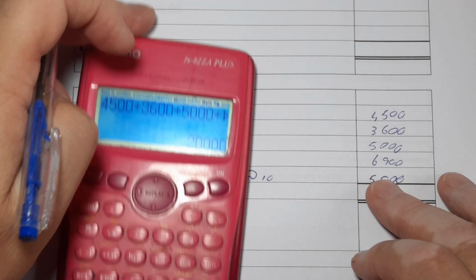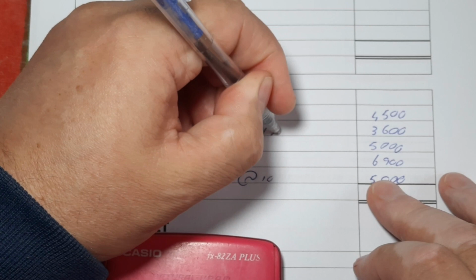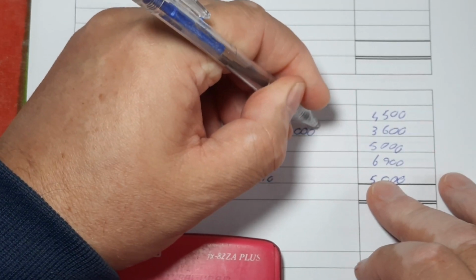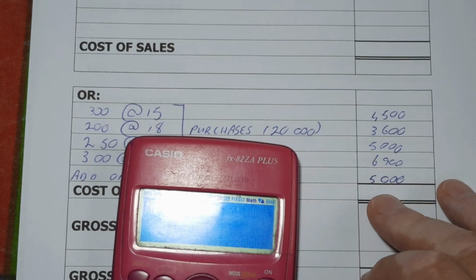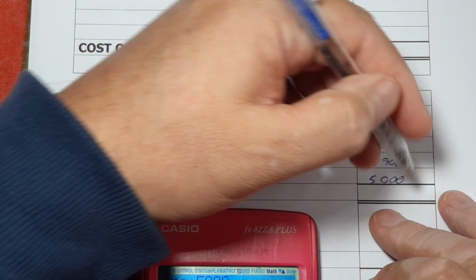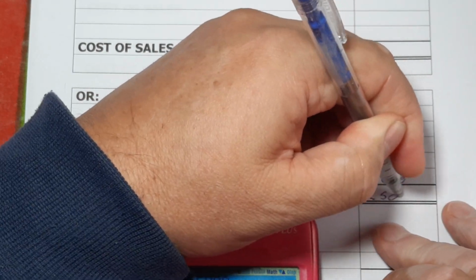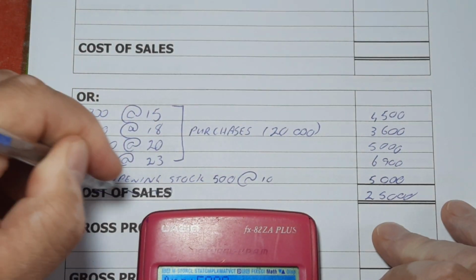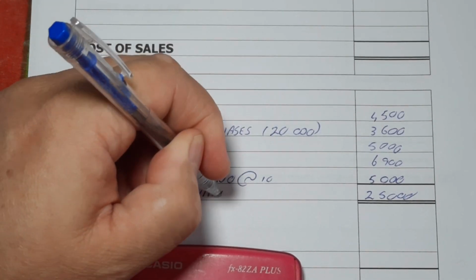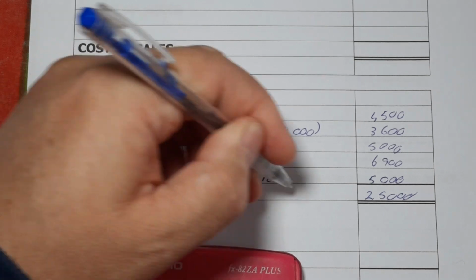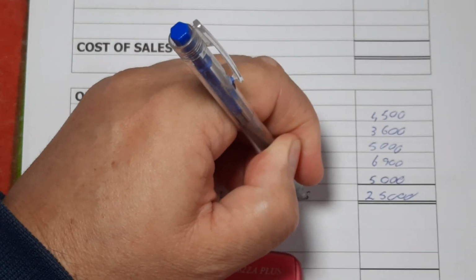So our total purchases is actually 20,000. And the stock that's available for selling, so plus the 5,000, gives us 25,000 at this stage. But this is not our cost of sales. This is just what is available for sales.